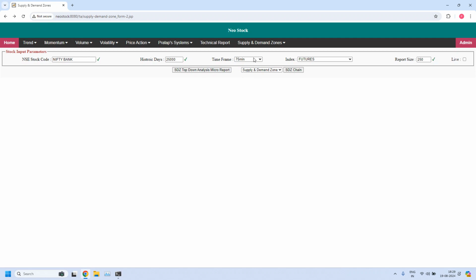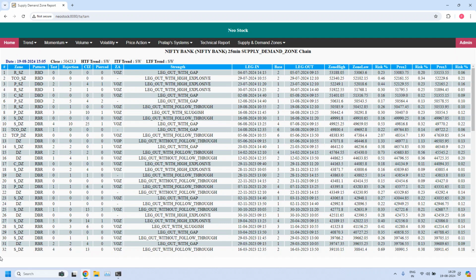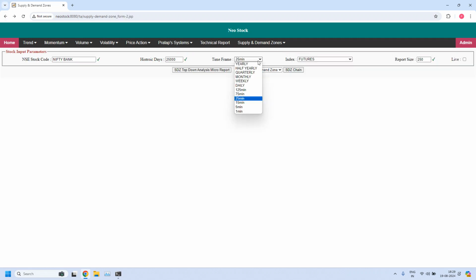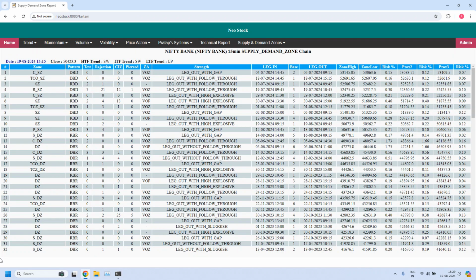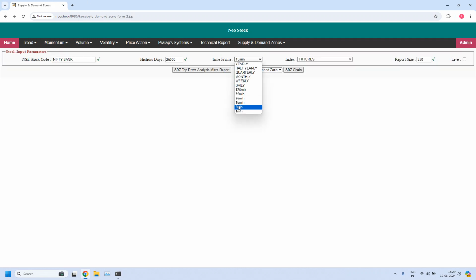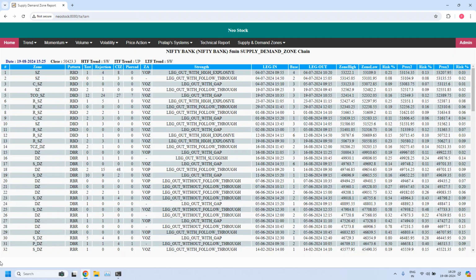And the next time frame is 25 minutes, then 15 minutes, and then 5 minutes, generating each of those supply demand zone chains for BANKNIFTY.